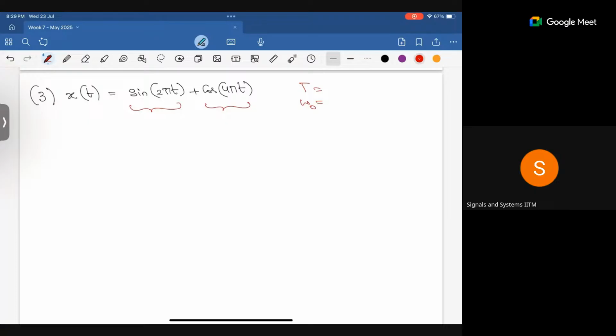And you can express sine 2 pi t in terms of a sum of phasors, and cos 4 pi t also you can express that way, and then you'll get a nice summation with more terms in your expression. Identify for which k these are non-zero, and the corresponding coefficients will be the ak.